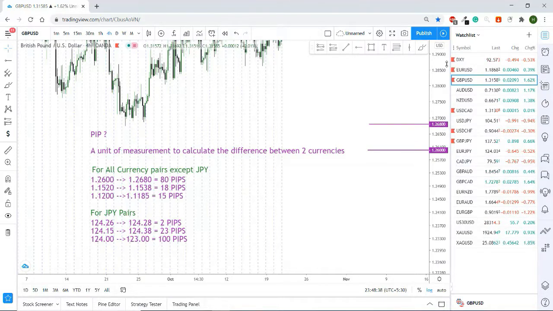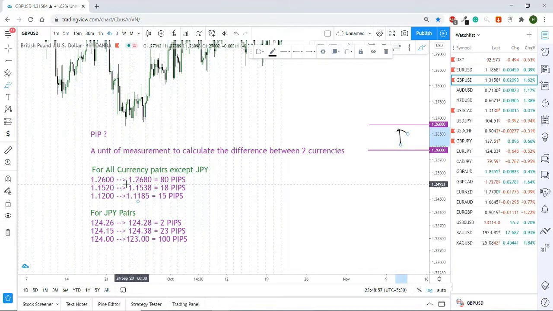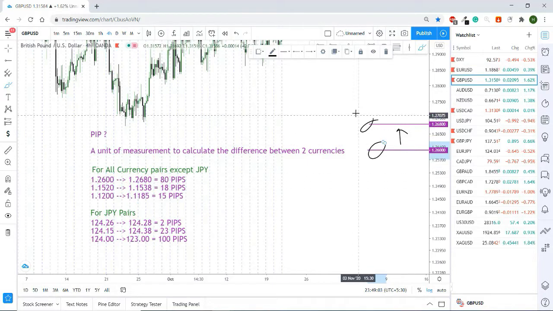We don't care what is in the fifth decimal place. We take pips with respect to the fourth decimal place. The currency has moved from this point to this, and if we subtract this value from this value, the difference is 80.